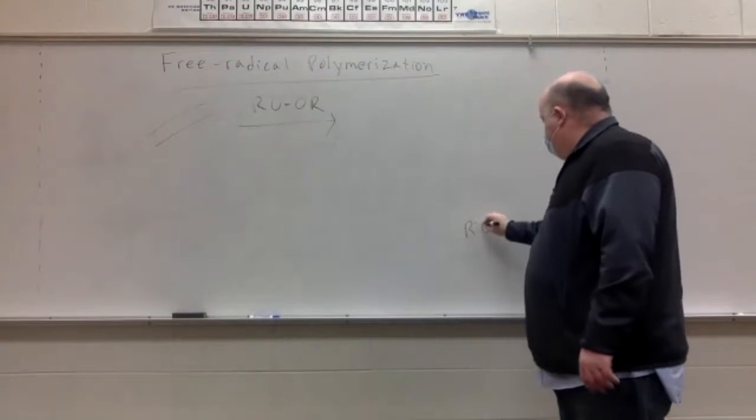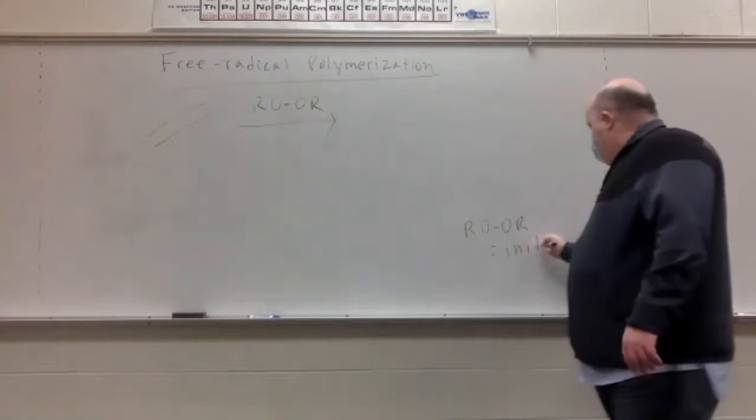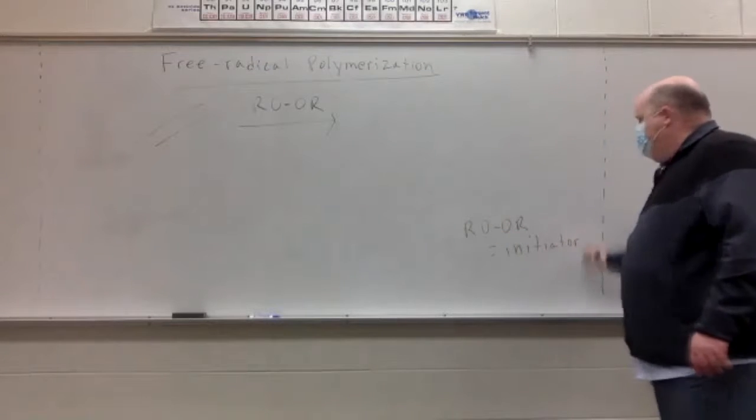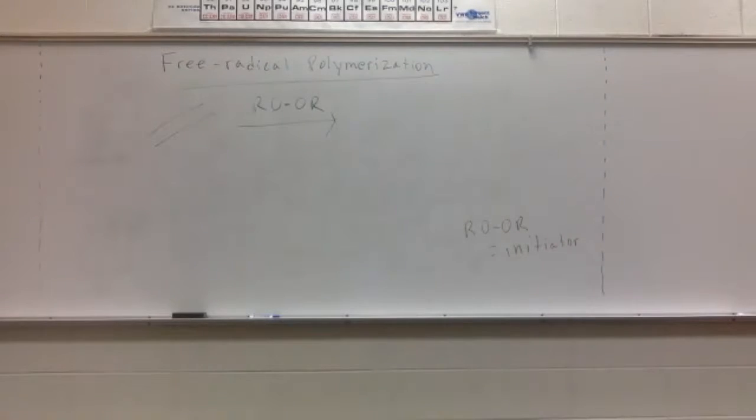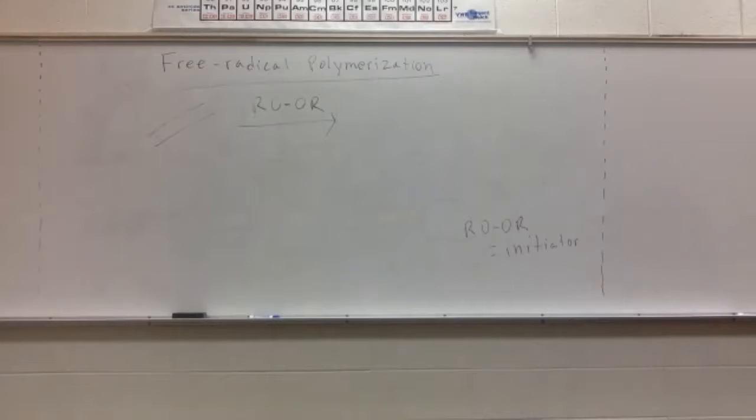I'll write that down here in the corner. An initiator is exactly what it sounds like. It's something that kicks off the reaction. This ethylene is not going to polymerize itself, right? It's got to have a reactive radical present to jumpstart things. That's where the initiator comes in, right?